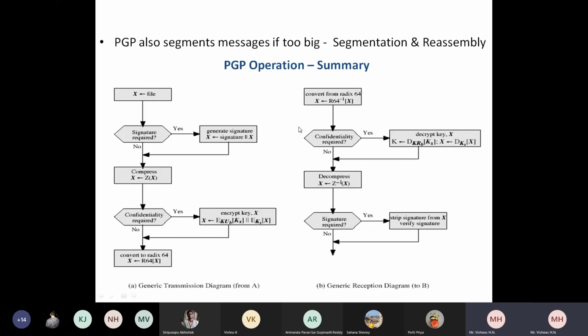After decrypting, since it was compressed, you decompress, and after decompressing you check the signature, and then you get the actual X, as it is. These are the two very important diagrams you should know, because in this diagram you clearly understand where signature is done and where compression is done. Is that clear, students? Shall we go to the next topic?